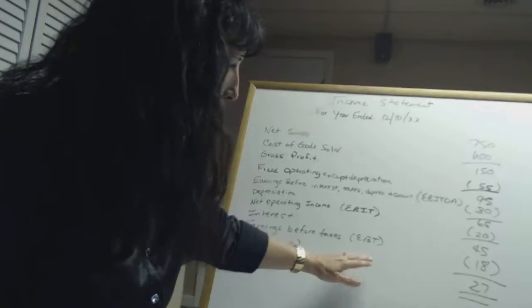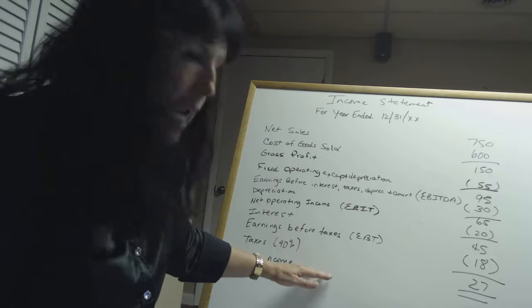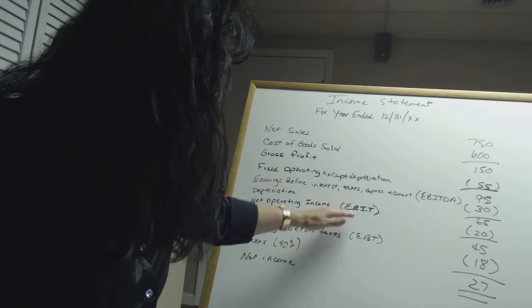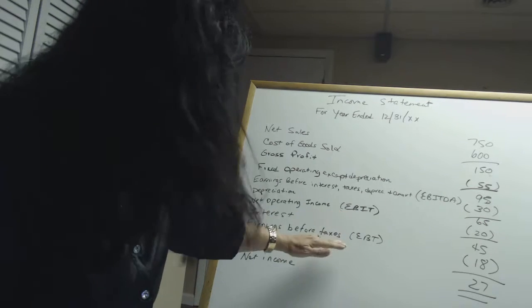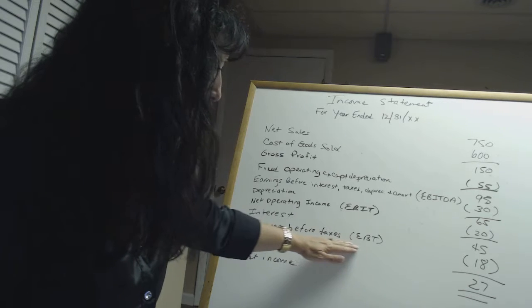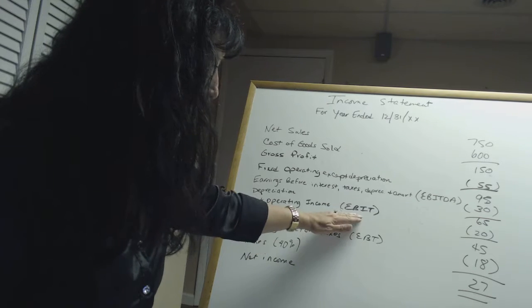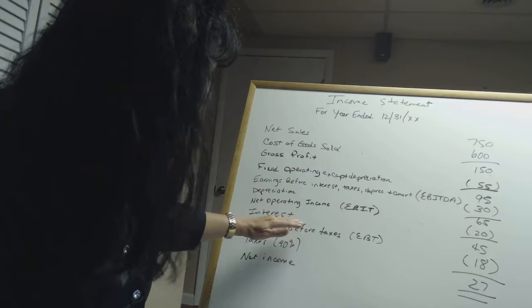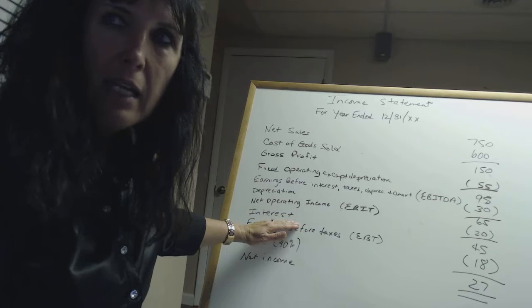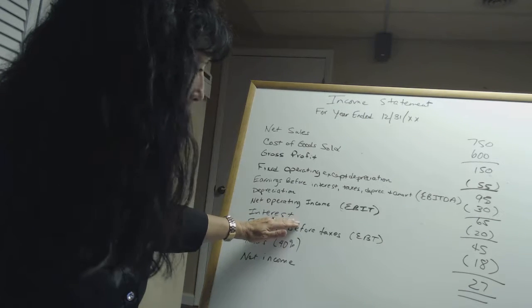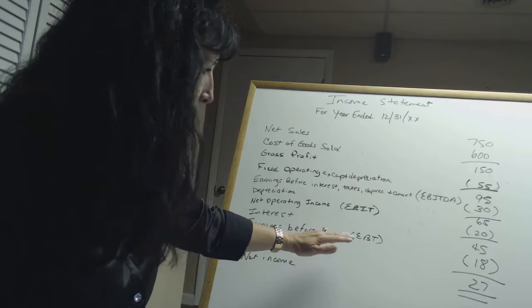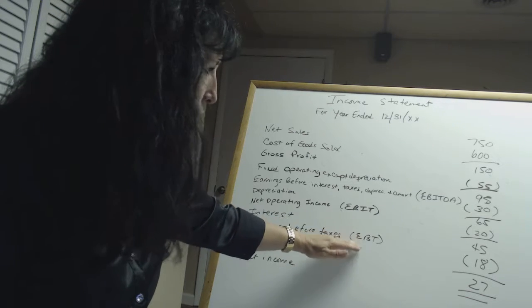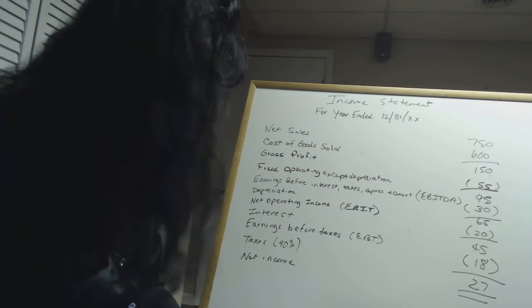So we're going to have problems. We're going to have to calculate these different numbers, and we'll be able to back into it. Another example, if we had EBT and wanted to get to EBIT, and we knew how much notes we had outstanding and the rate, we'd be able to calculate the interest, and then we could add that back to the EBT to get EBIT.